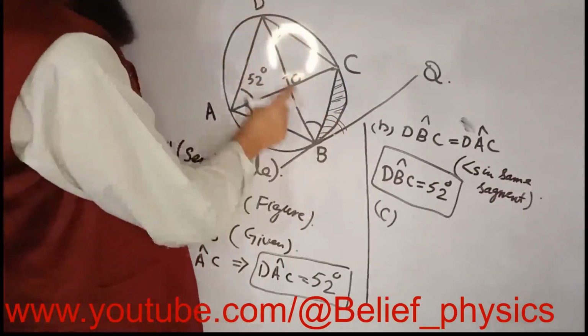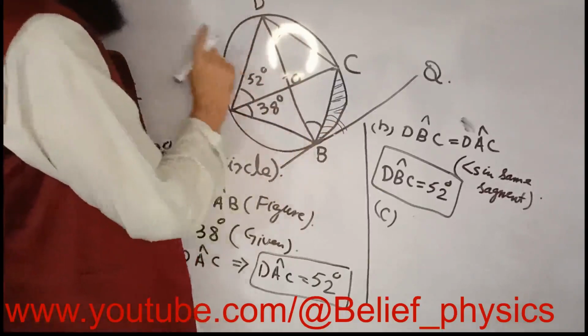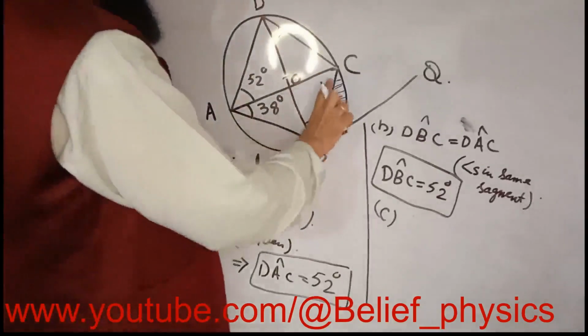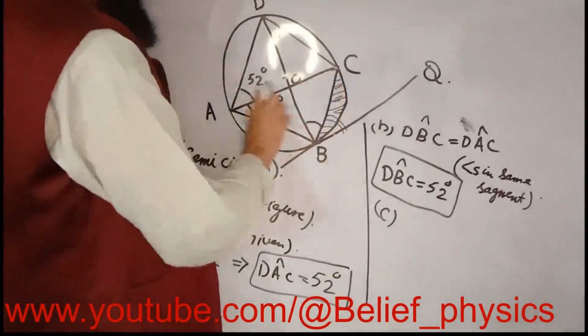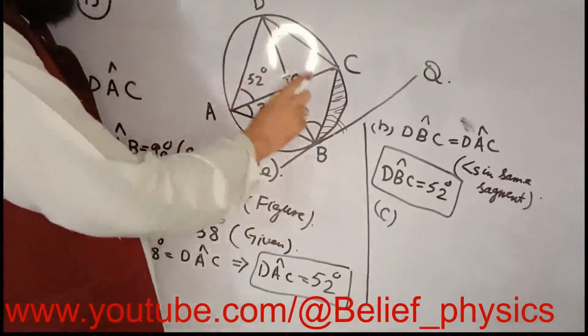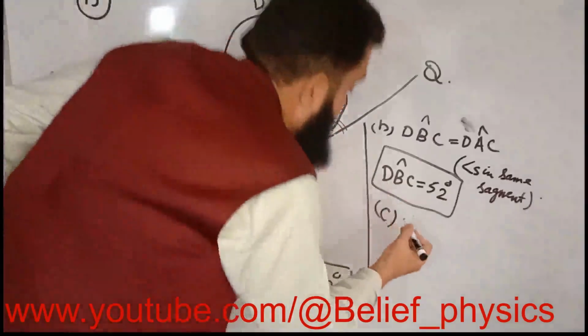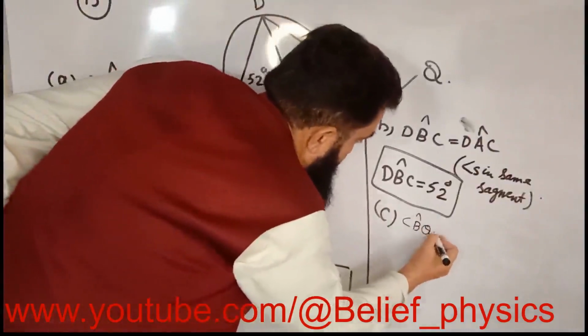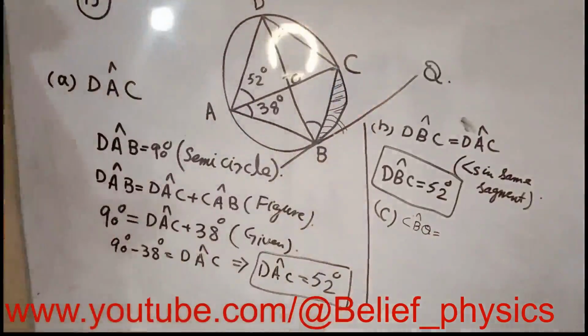Also CDB will be equal to CBQ. Similarly, CB also makes this angle CAB, which will also be equal to CBQ. So I write it here, CBQ will be equal to CAB, which is equal to CDB.